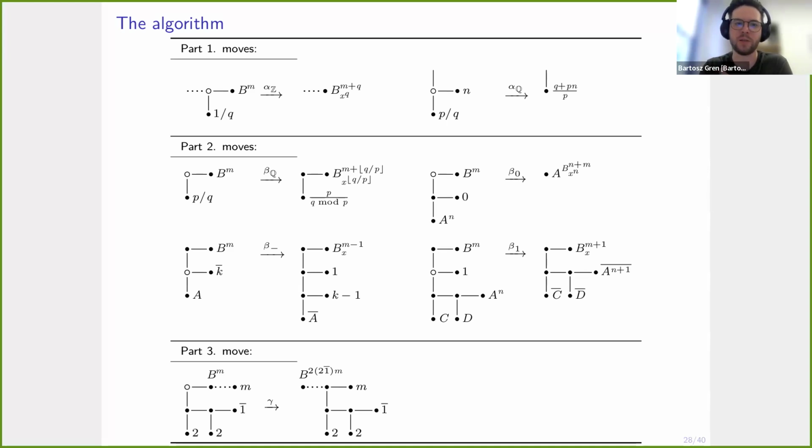If we find a state which is forbidden, we perform a move, and then start tree traversal from the beginning, from the top. And we perform such operation until there are no possible moves anymore. And then we perform the third part, which is just a simple ring move, which is, I guess, the simplest of these isotopy preserving moves.